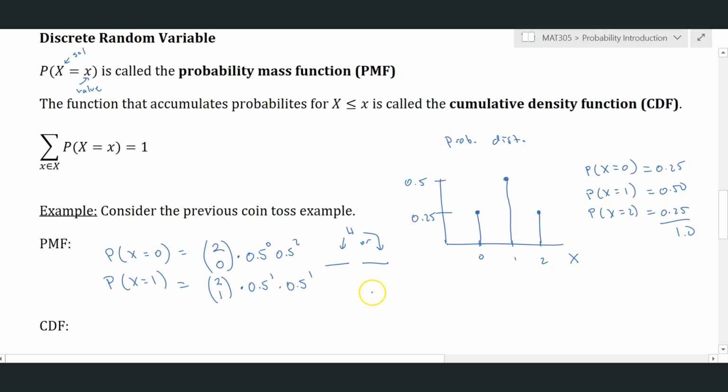And so in general, we would say that the probability that x equals little x is 2 choose little x, whatever that value of little x is. So in this case it was 0, in this case it was 1. Times 0.5 to the little x, so you want little x heads, and then since you have 2 outcomes, you want 2 minus x tails. So this is actually called a binomial distribution function, and this is the probability mass for this case.